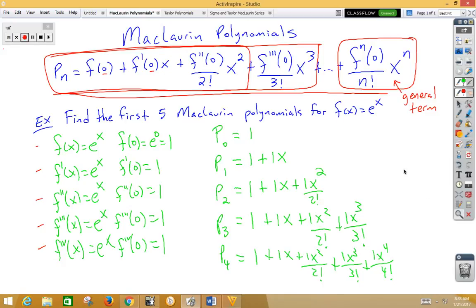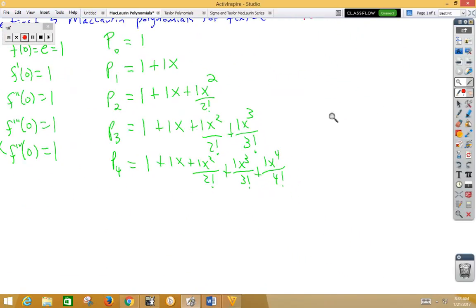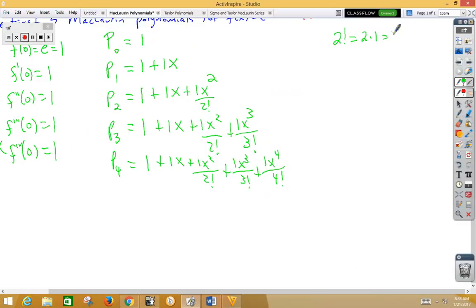Now, sometimes you'll need to write those out without the factorials. So let's just do a quick review. Obviously, 2 factorial is 2 times 1, which is 2. 3 factorial is 3 times 2 times 1, which is 6. 4 factorial is 4 times 3 times 2 times 1, which is 24.